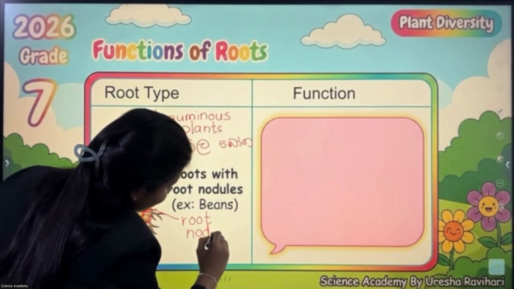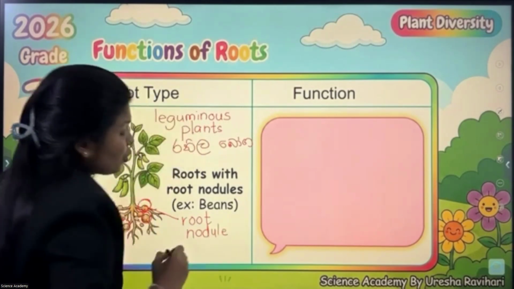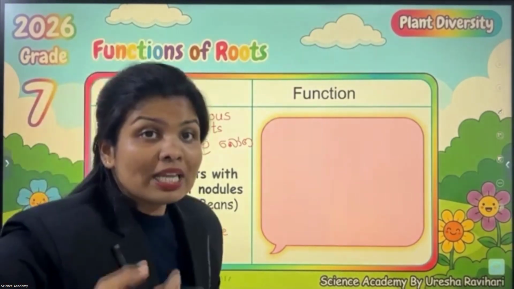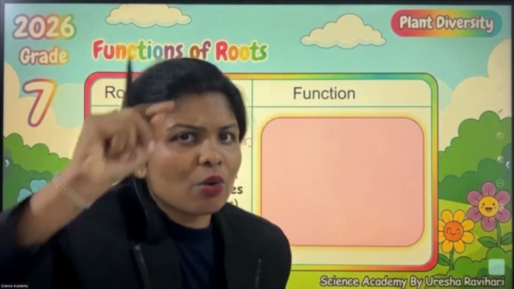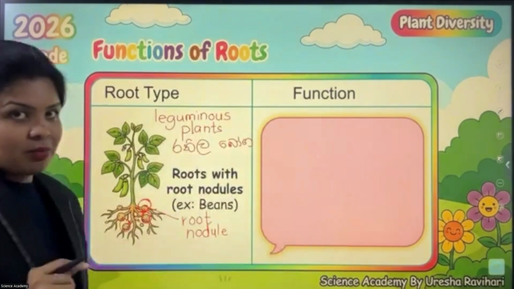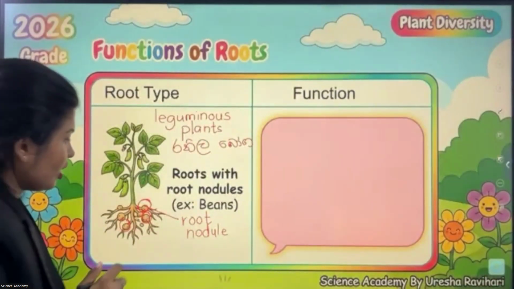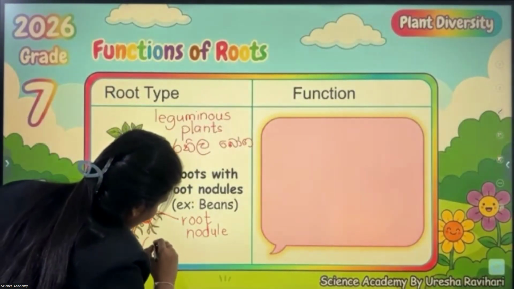What is the meaning of root nodule? Root nodule means Moolagatiti. In the roots, we can see goal-shaped structures, which are called root nodules.